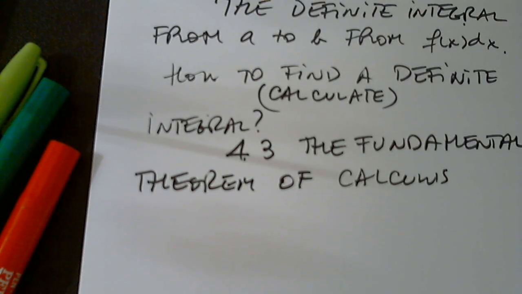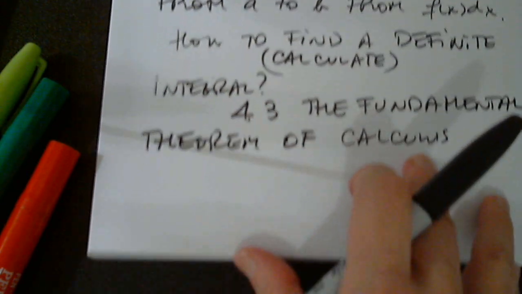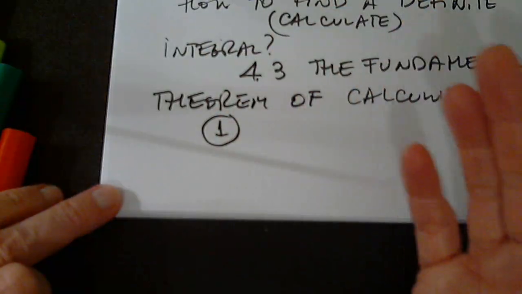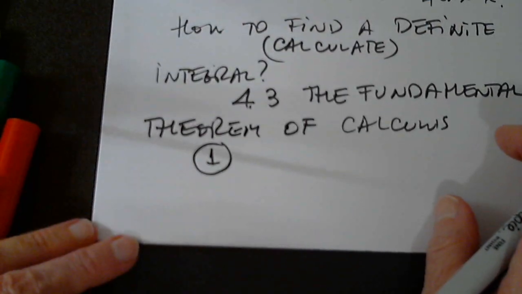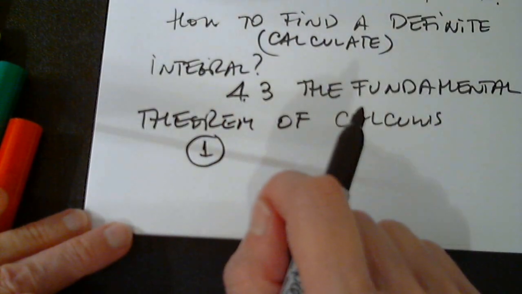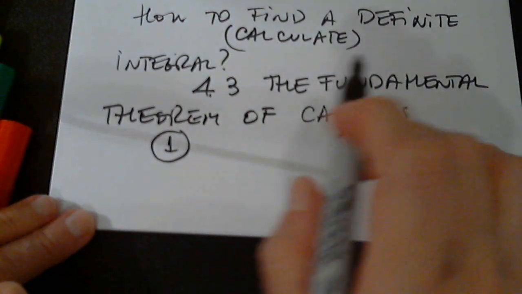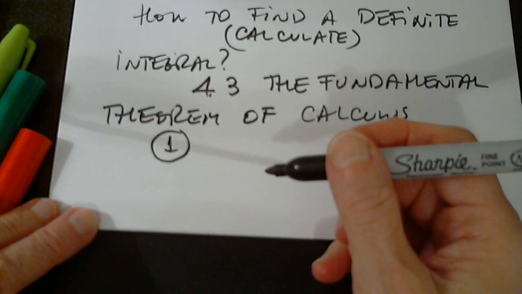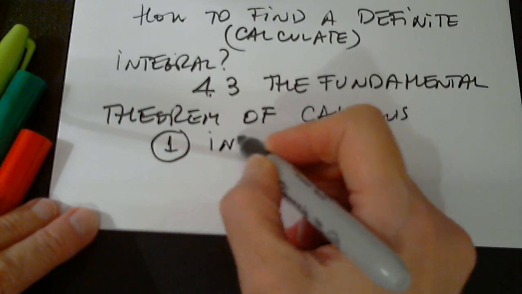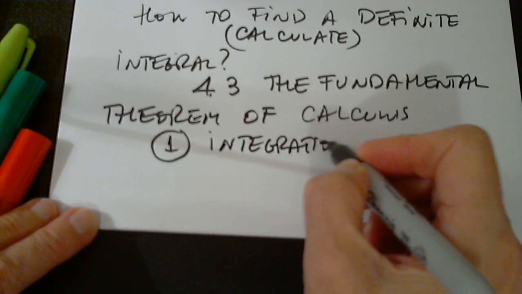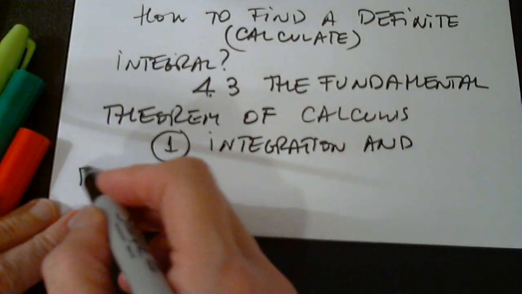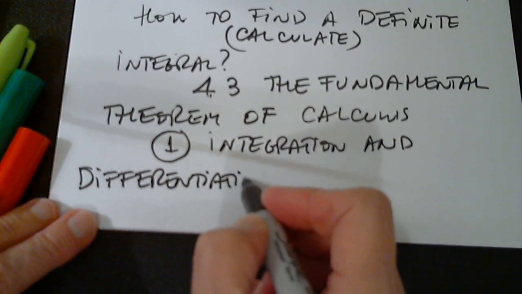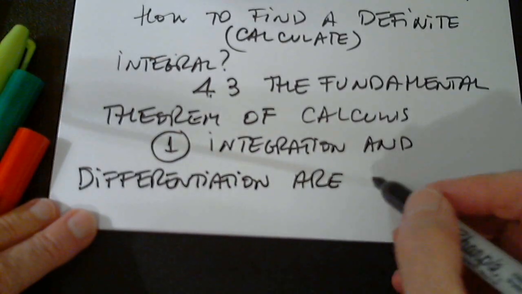The fundamental theorem of calculus has two parts. In part one, which we will not do anything with, I have to mention it, it's not in your book, but it's very important. Part one states a very, very important topic, which is that integration and differentiation are inverse operations.